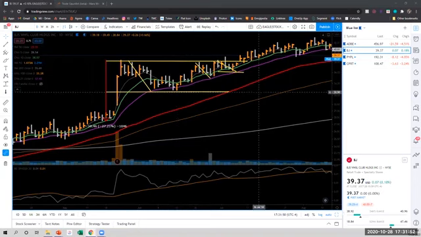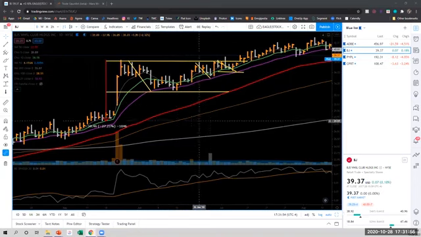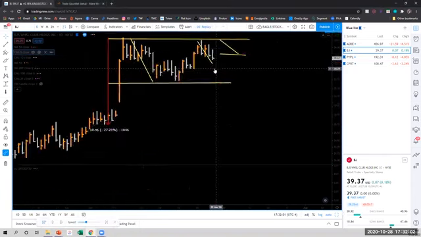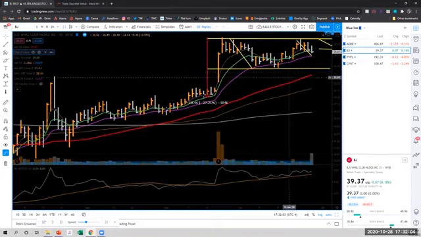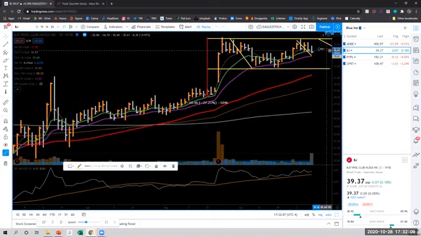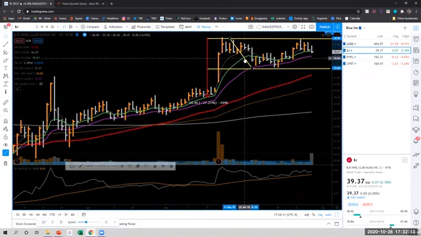Awesome. All right, so the first spot that we would be looking at on here, let's replay it from back here. So you see price starting to consolidate, and let's get rid of this, get rid of that, get rid of that.